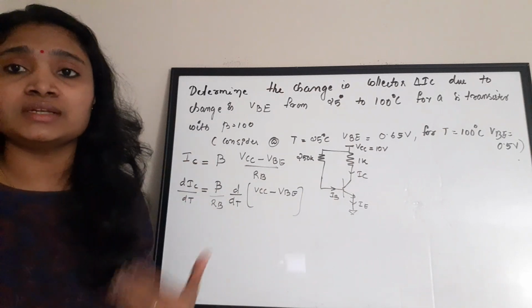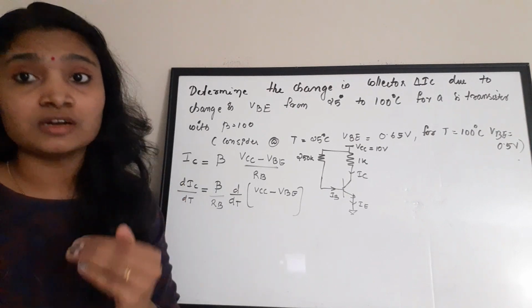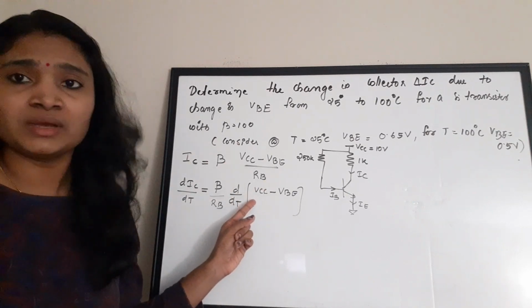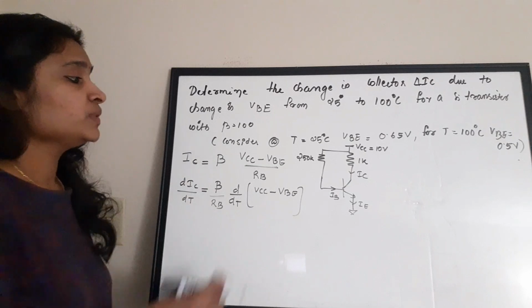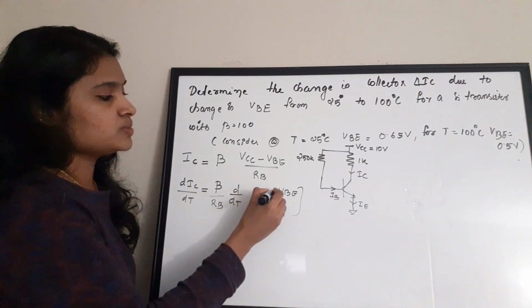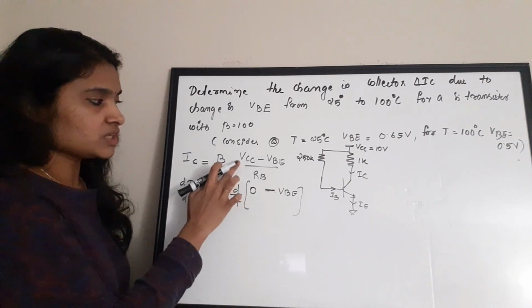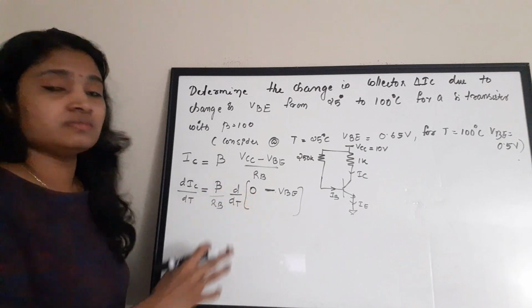So the temperature change is making a change only in the base emitter voltage, not in the supply voltage. It is something which we provide, right? So we can remove that, because d by dt of VCC will actually be 0.